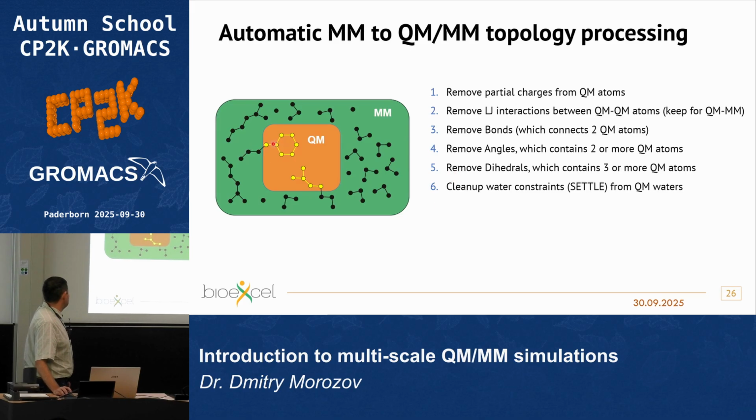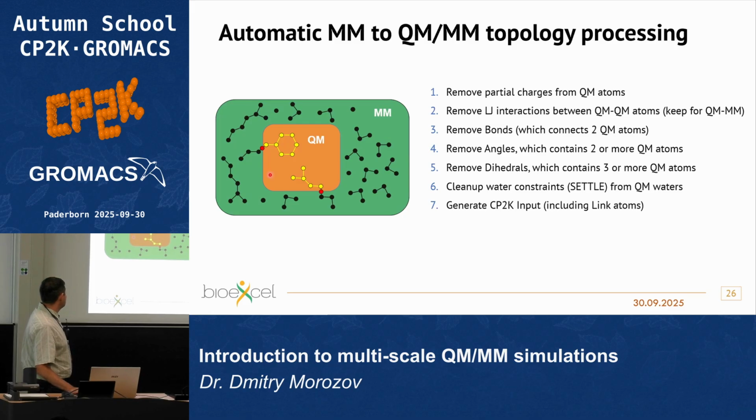It means that, for example, this one is kept, but this black-yellow one is removed. And of course, you need to clean up any additional constraints on QM atoms. For example, for QM waters, you use SETTLE constraints to keep the waters rigid. You would also need to remove them if the water is in the QM subsystem.